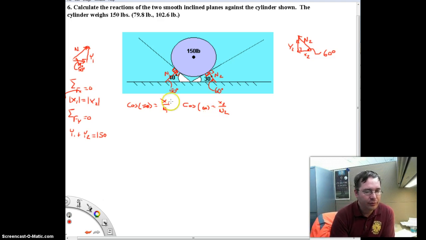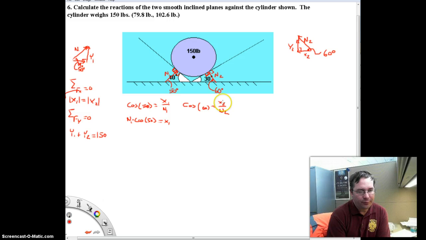But what do we know about x1 and x2? Well, by definition, their magnitudes are equal. So let's rearrange this. I'm going to multiply both sides of this formula by N1, and I get N1 times cosine 50 equals x1. In this formula here, I'm going to strike x2, and in its place I'm going to put x1. And I can do that because we've already stated at the outset that they have to be equal.